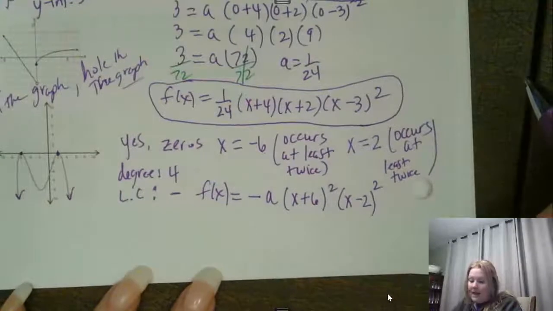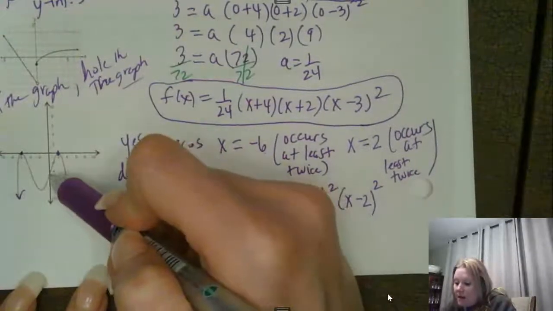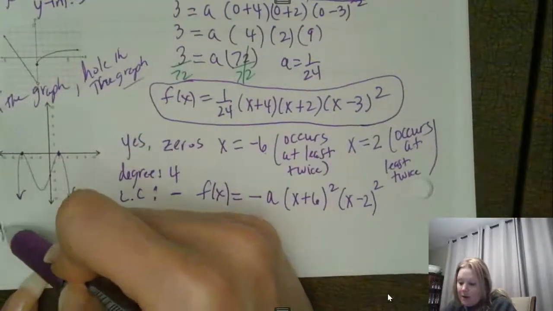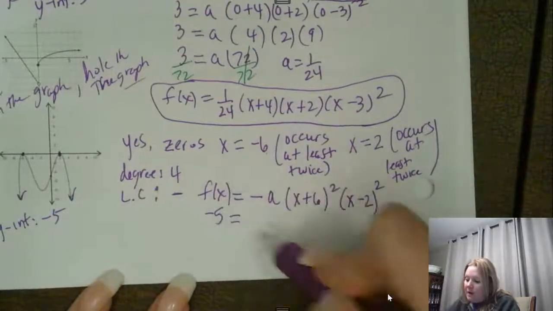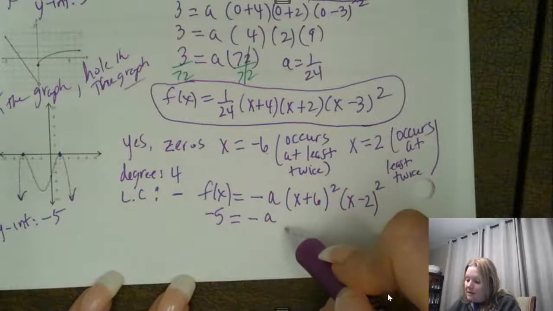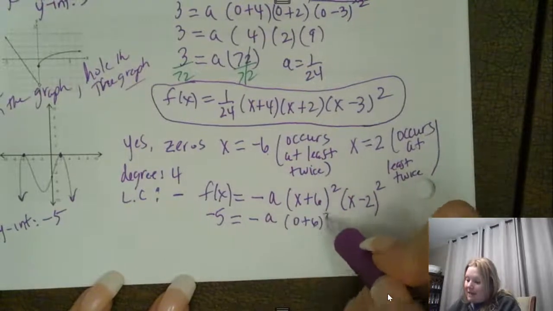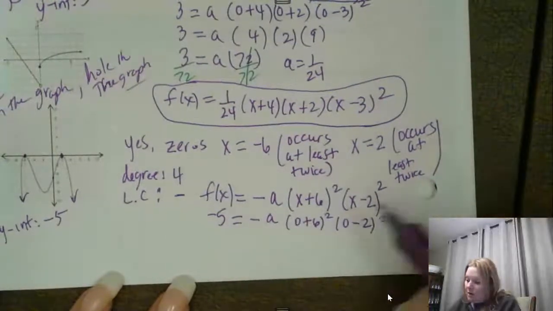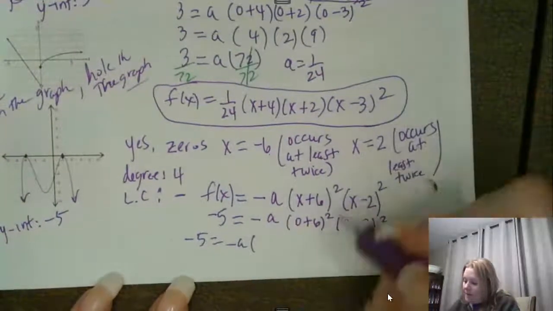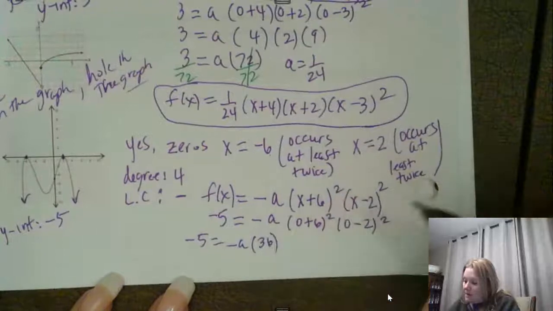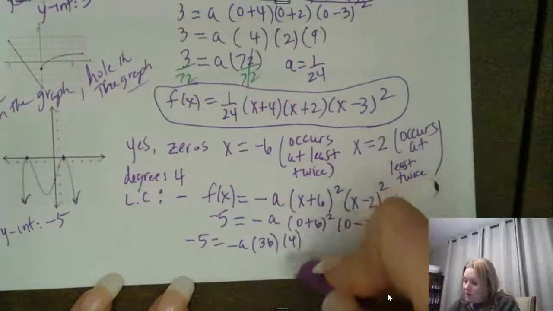To find a, what's the y-intercept here? Looks like a y-intercept of -5. So that means f of x is -5 when x is 0. 6 squared is 36. 2 squared is 4.